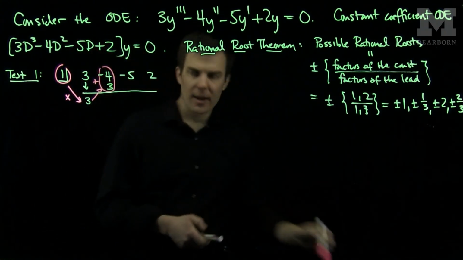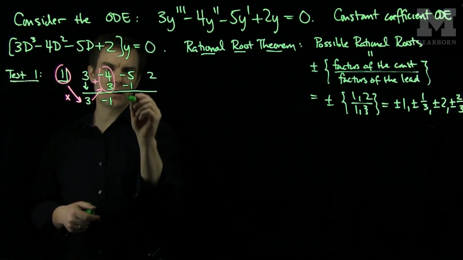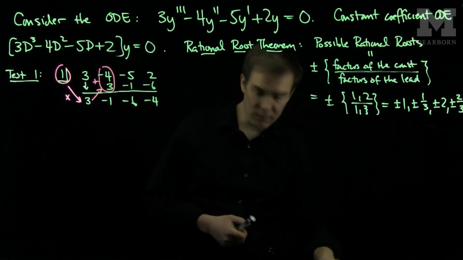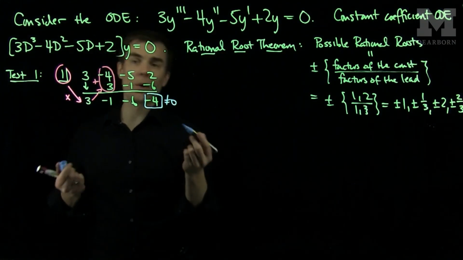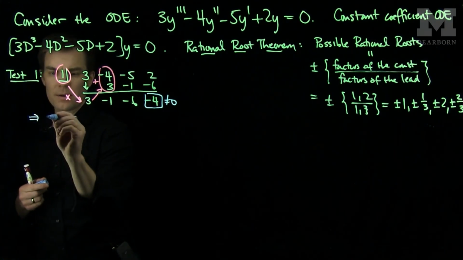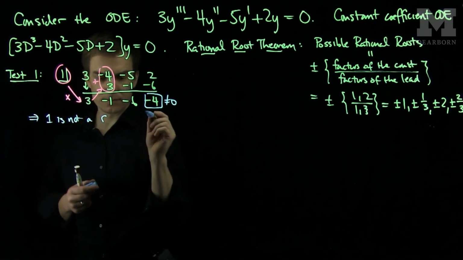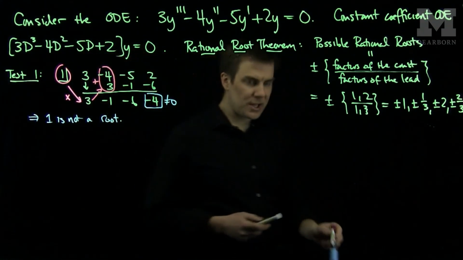So when we do this, we'll have a -1. 1 times -1 is -1. This will be a -6, a -6, and a -4. Now the number we see over here is not 0, which tells me that 1 is not a root. So we proceed to test other things.